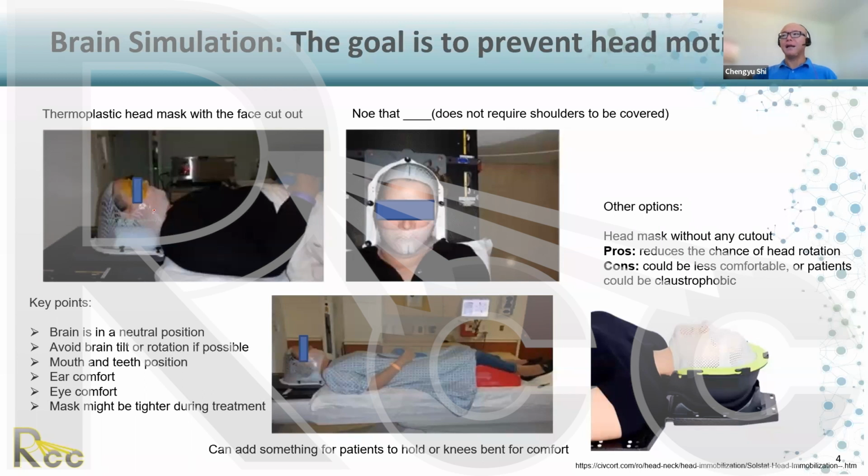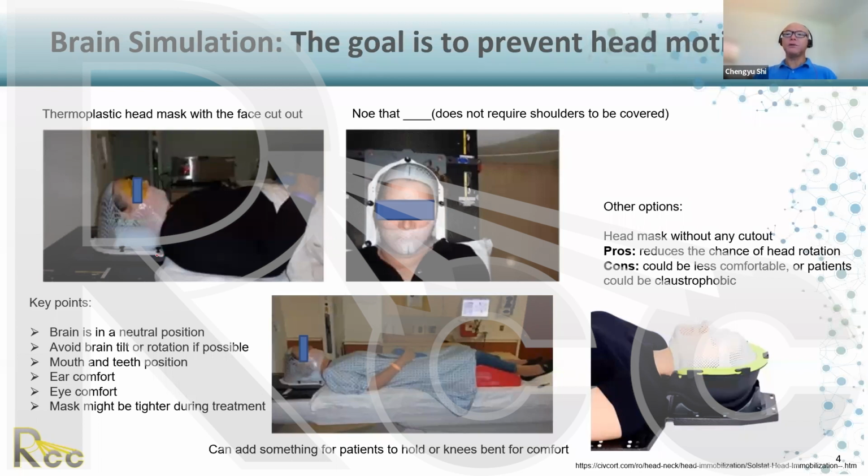But that doesn't mean that's the only choice. Definitely you can have this type of mask if you don't use that type of monitoring. The point is reduced chance of motion and rotation, but the cons could be less comfortable, and the patient could be claustrophobic for certain patients.